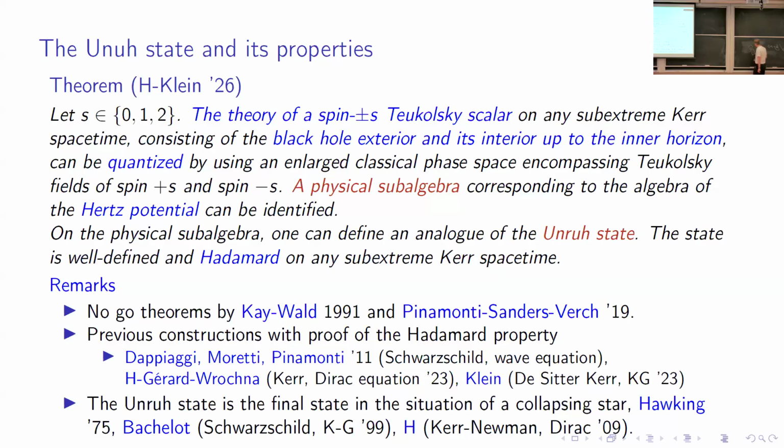If you look at this, this is your future horizon, this is the past horizon, this is chi plus, this is chi minus. Here at chi minus, you have a very natural Killing vector field, which is just dt. On the horizon, it's more tricky.